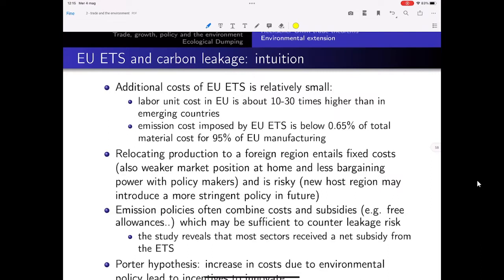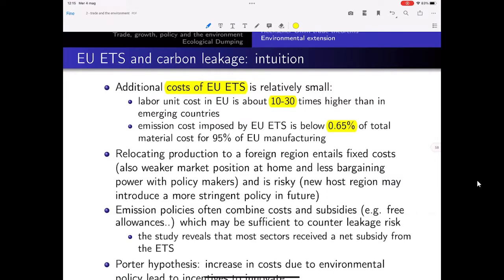The explanation is the following: the additional costs of the emission trading are very small. This is very small compared to other costs, and in particular compared to labor costs, because labor costs are 10 to 30 times higher than in emerging countries. And emission costs imposed by the trading system are below 0.65 of total material costs for almost all of the manufacturing sectors.